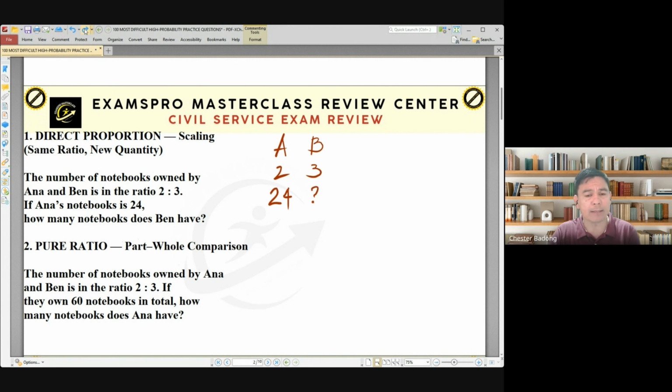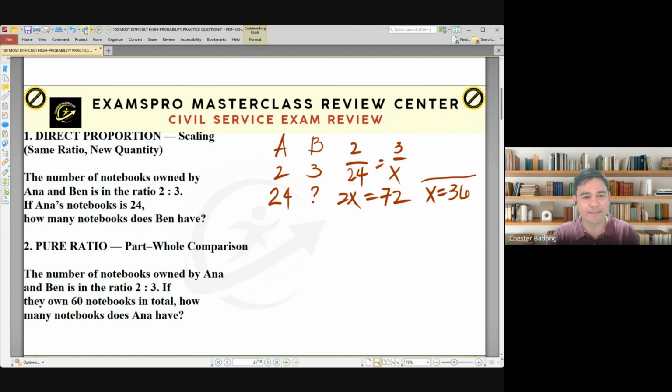Gawa na po tayo ng equation. 2/24 is equals to 3 over x. As simple as that. And then cross multiply po. 2x is equals to 72. Divide both by 2. That will be x is equals to 36. 36 po ang notebooks ni Ben.